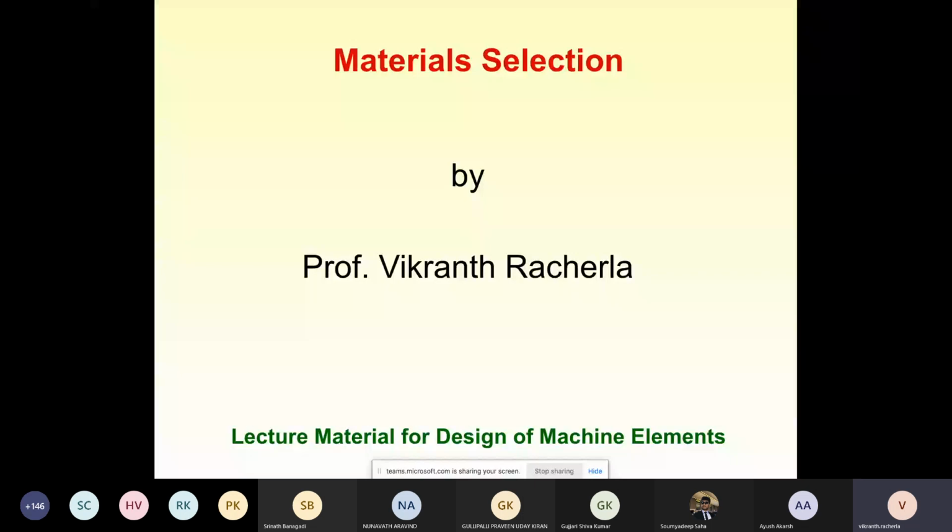Now, before we move on to the failure models and after that the design of each of the machine elements, let us take a look at different materials which are used for making engineering components. Knowing about the material and their physical behavior is very important for figuring out what sort of analysis you need to consider.